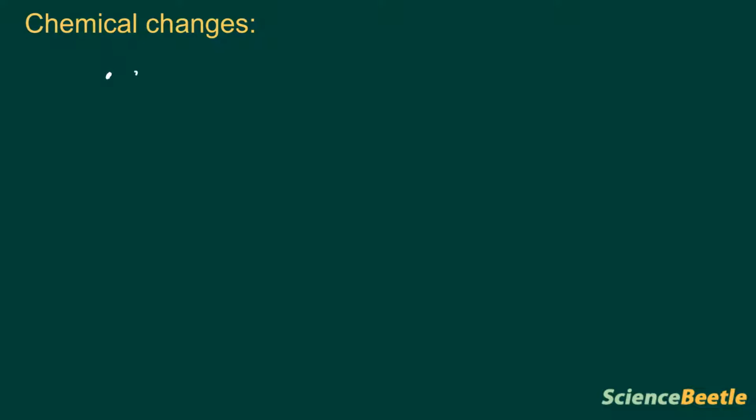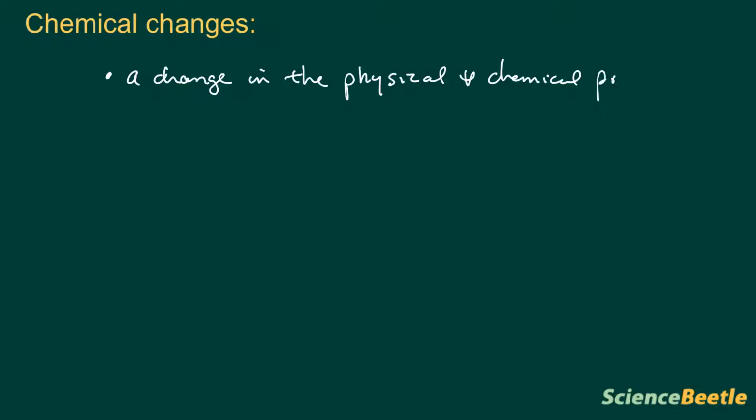A chemical change is going to be a change in which the physical and the chemical properties has occurred.